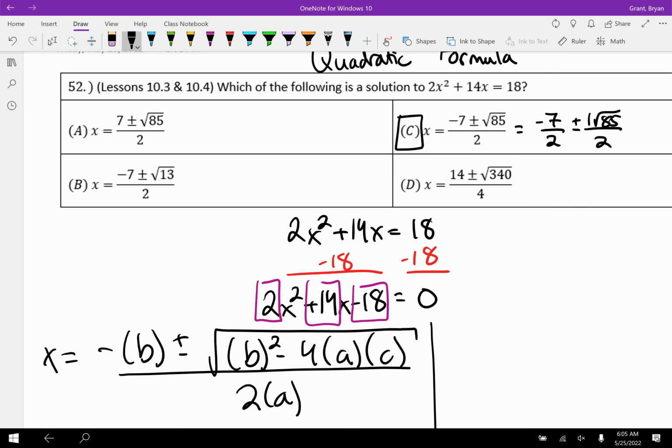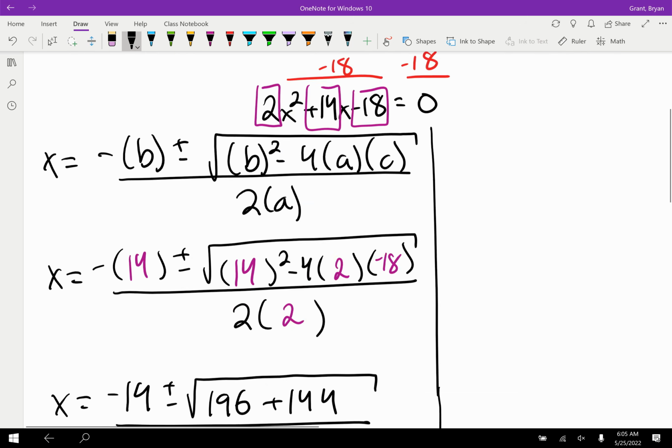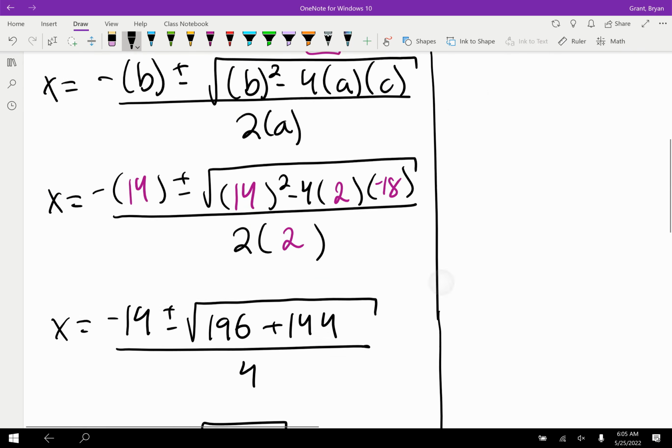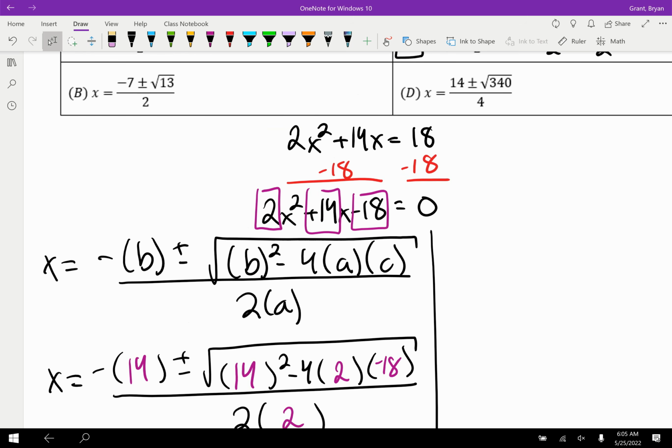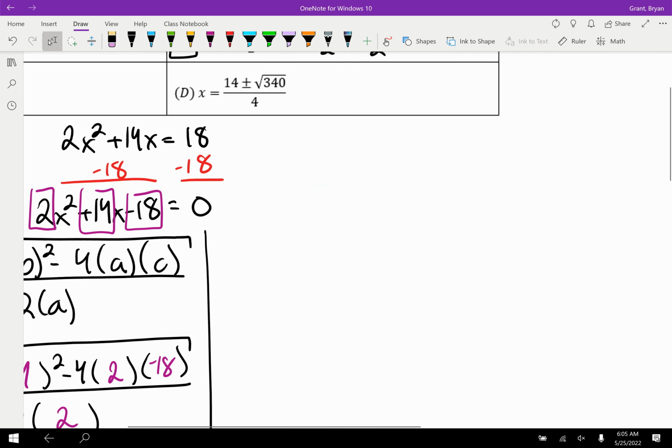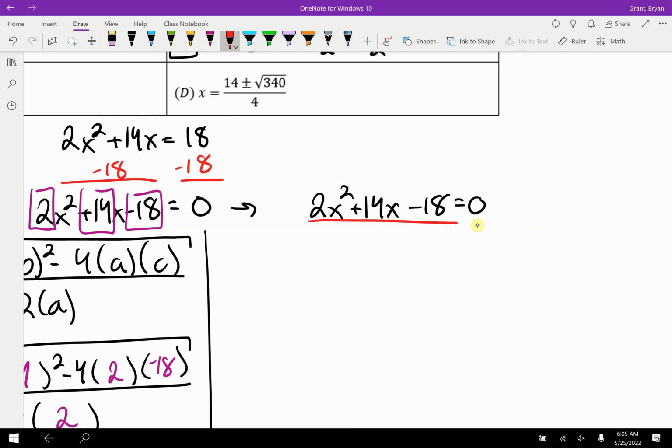Now, you might be looking at this saying, oh my gosh, those are some huge numbers, lots of steps, you had to break down a square root, I don't like it. Is there a faster way? And the answer is yes, there is a faster way. This faster way only works because this is an equation. If we started with 2x squared plus 14x minus 18 equals 0, we could divide both sides, because whatever we do to one, we do to the other, by something that they have in common.